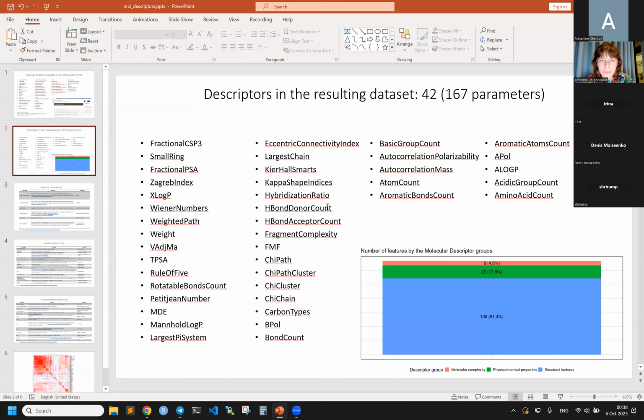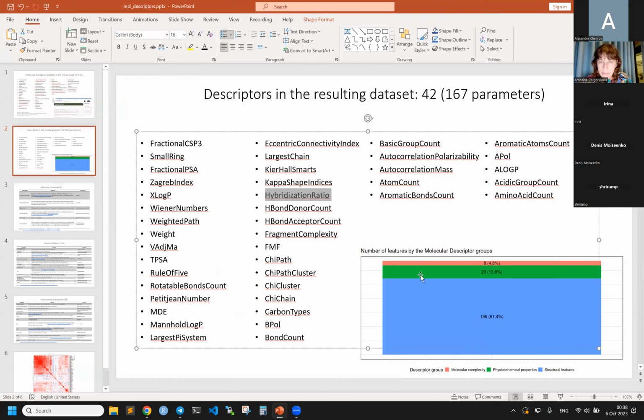After all removals, the remaining descriptors are here, and the main work was to try to classify them somehow and get some understanding of what they mean, what they say about our molecules, and how they are relevant to this competition, to group our drugs, to code them.